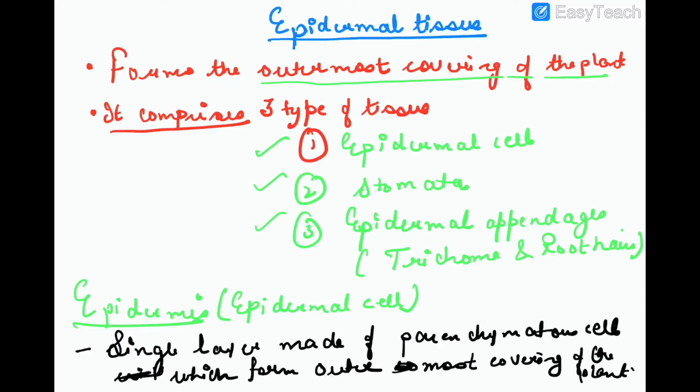So epidermis is a single layer, it is made up of parenchymatous cells, and it forms the outermost covering of the plant.